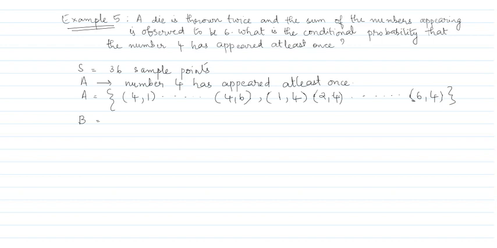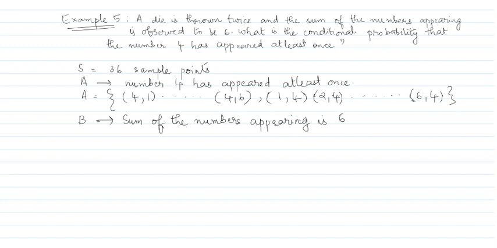Okay, now we also were given something else, right? The sum of the numbers appearing is observed to be 6. So let event B be that the sum of the numbers appearing is 6. You know that in a die throw, numbers from 1 to 6 are possible. Here you have a die being thrown twice.